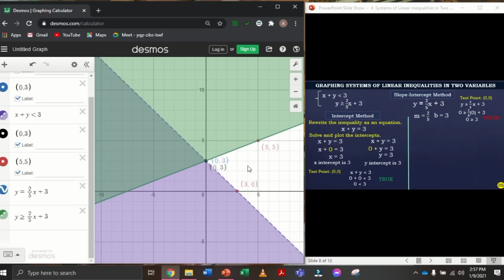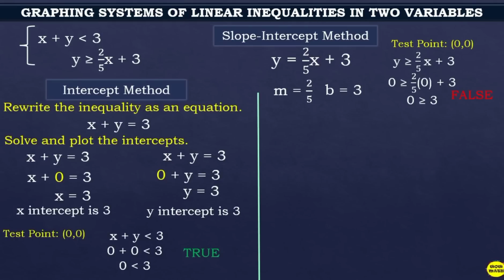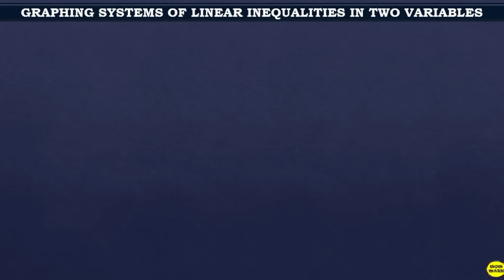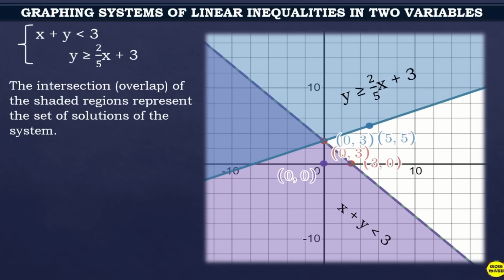Okay, so this is the graph of the system. So, tatandaan na the intersection o kung saan sila nag-overlap, ito yung solution niya. Itong nire-represent ng shaded region, itong darker shades, yan po ang solution nila.